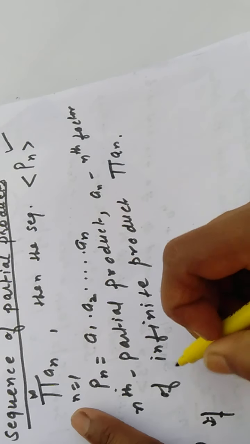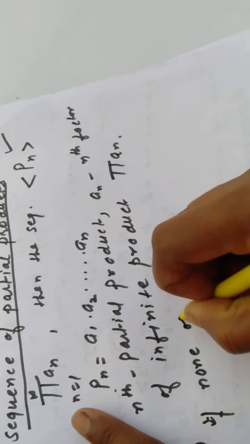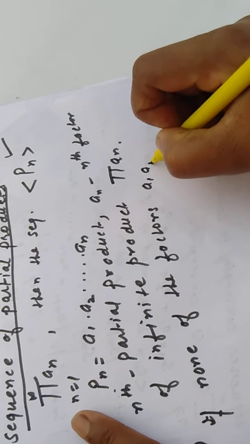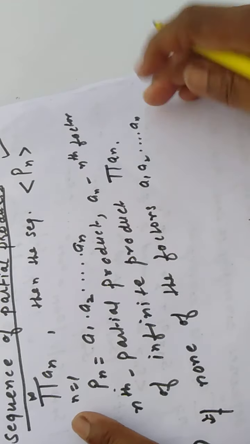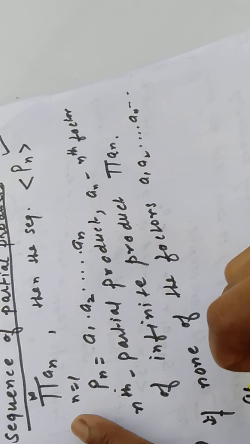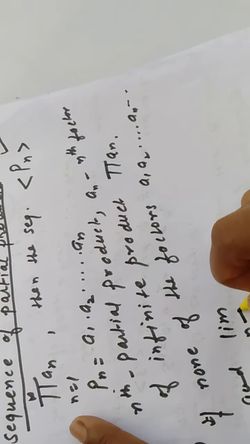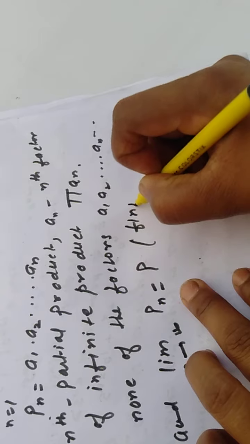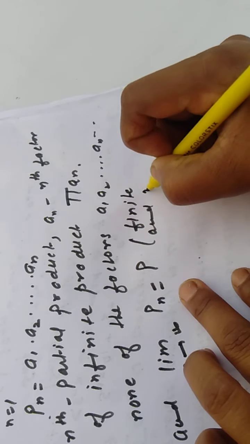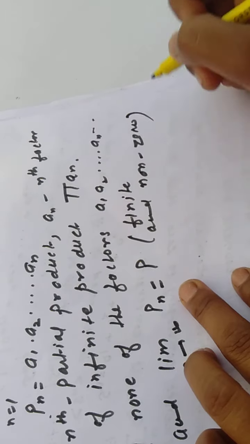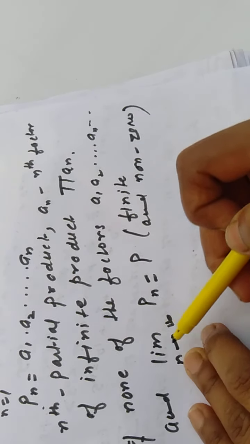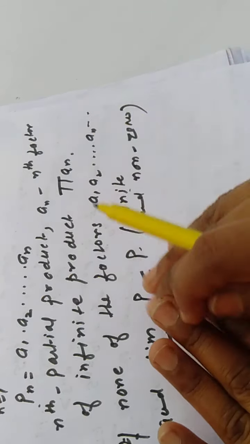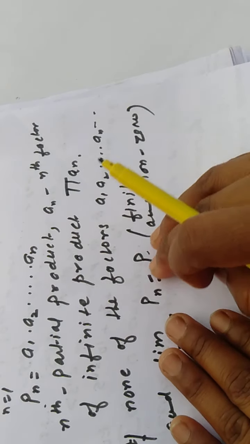First case, if none of the factors a1, a2 and so on up to n is 0, and limit n approaches to infinity, Pn is P, finite and non-zero, then we say that the product is convergent and converges to P.